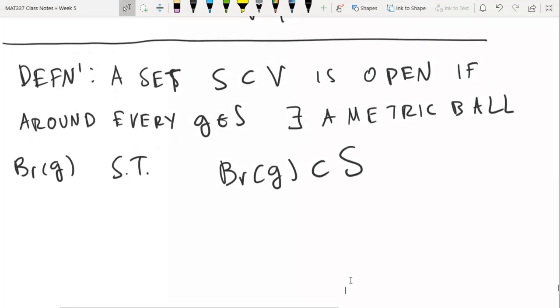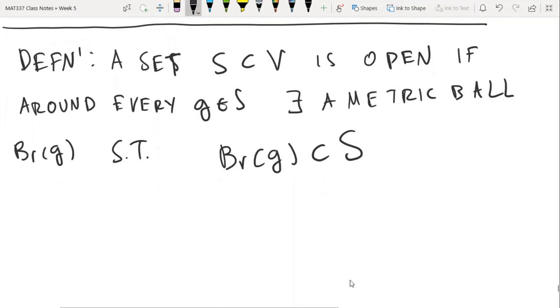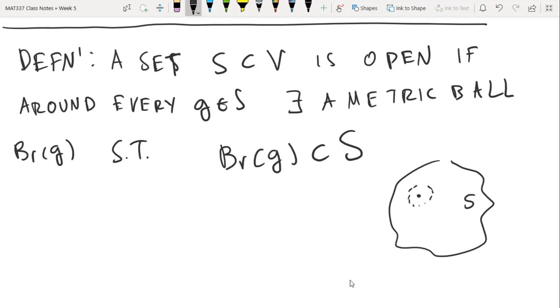Right? So that was the same as in chapter 2, where a set S is open if, given any point, you can draw a ball that is fully contained in the set. Okay.